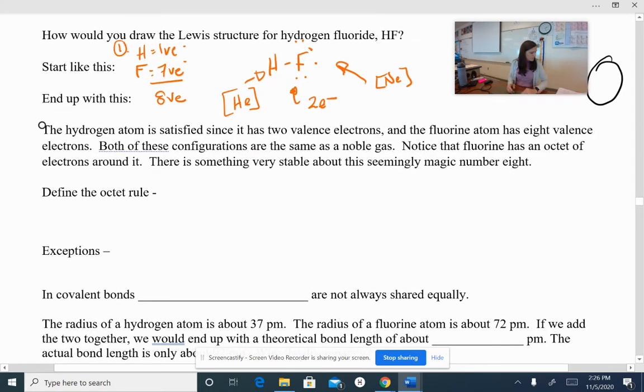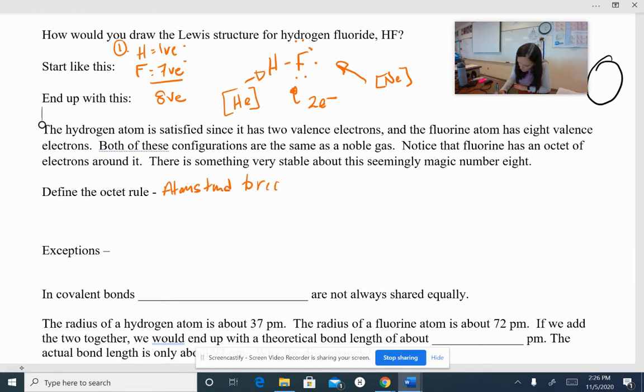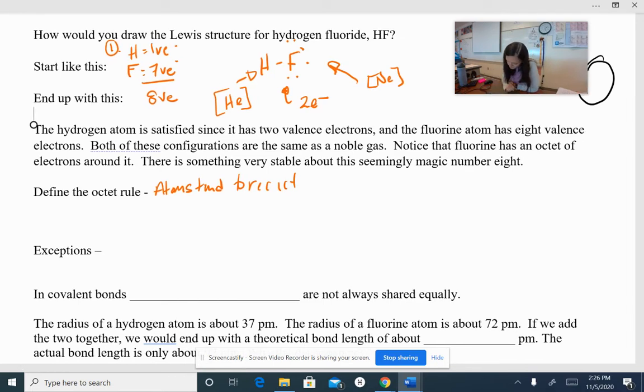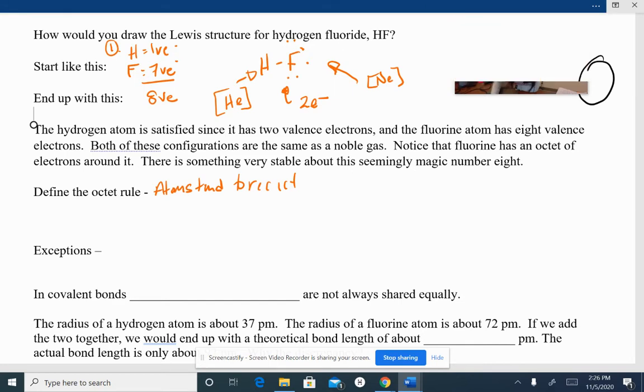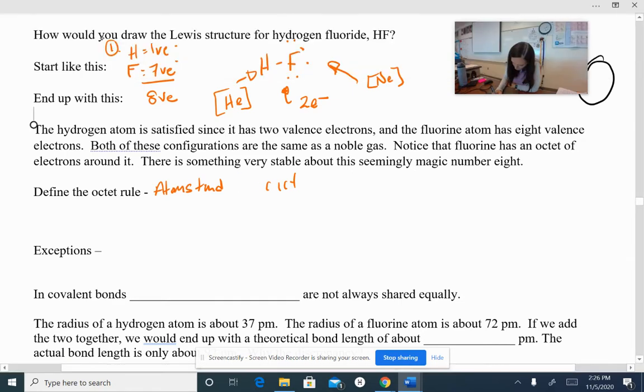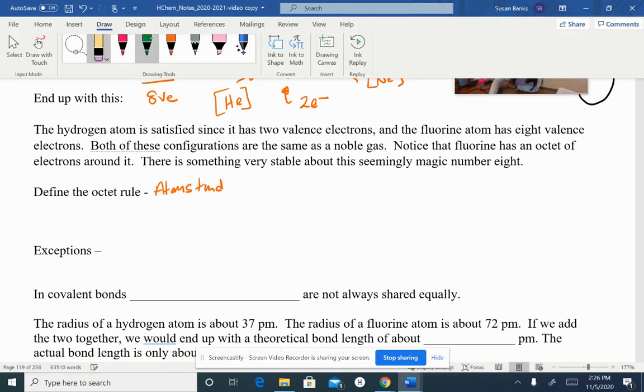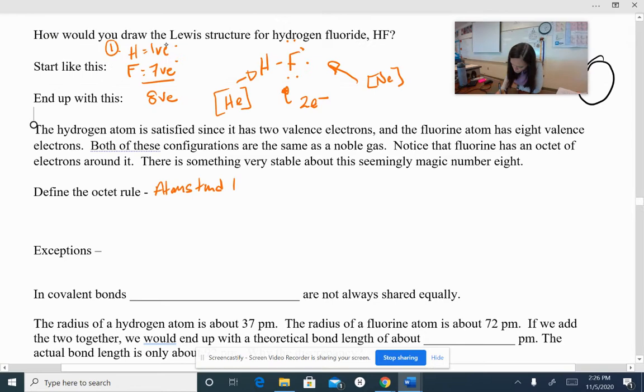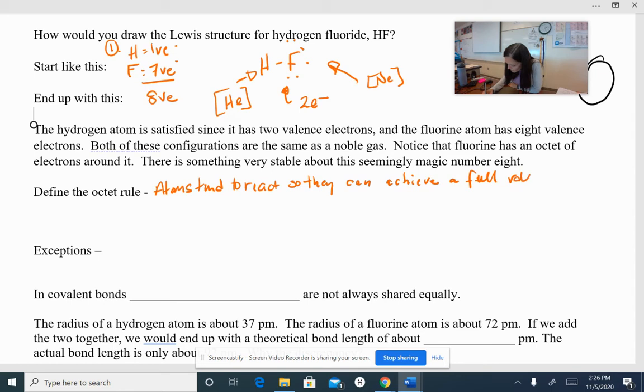Okay, the octet rule. Atoms tend to react so they can achieve a full valence shell.